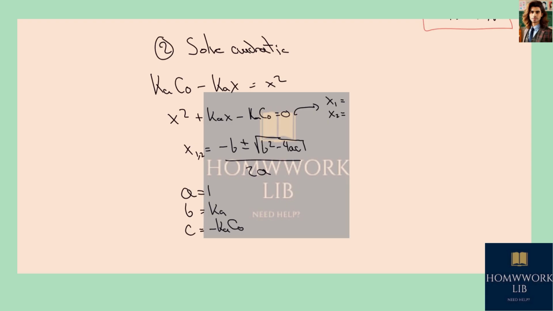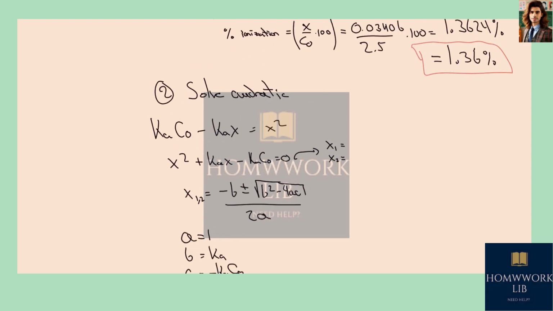So doing so, we're going to find that for x1 we have a negative solution, which is going to be unphysical, and a positive solution that is going to be the correct one, 0.0336824.